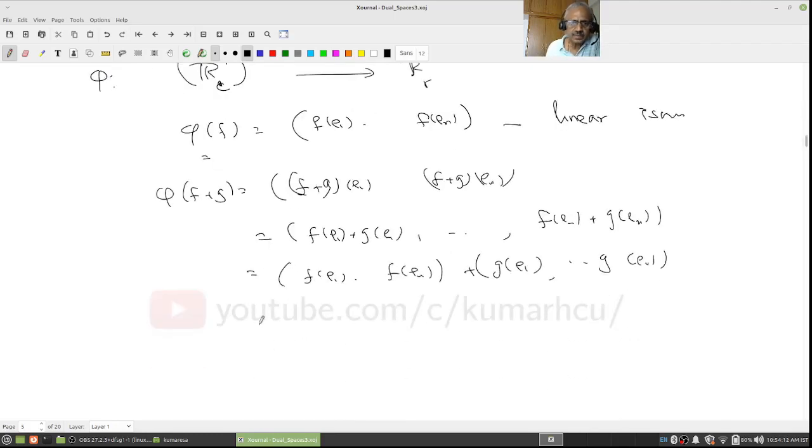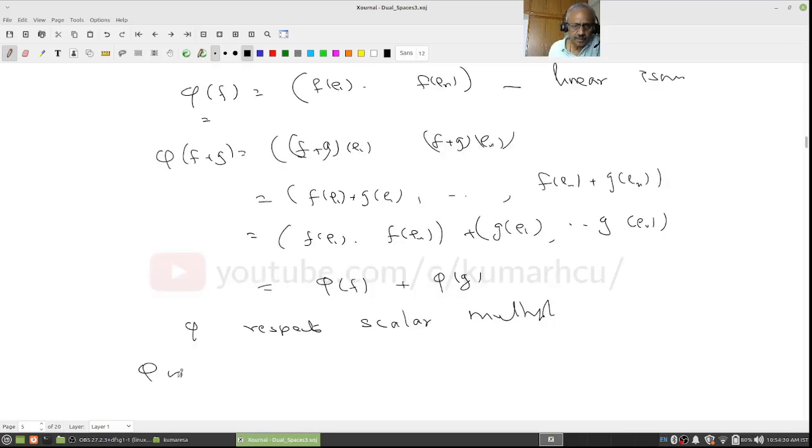This is phi of f plus phi of g. And similarly phi respects scalar multiplication. And this map is one-one and onto. Okay, these are all very easy.